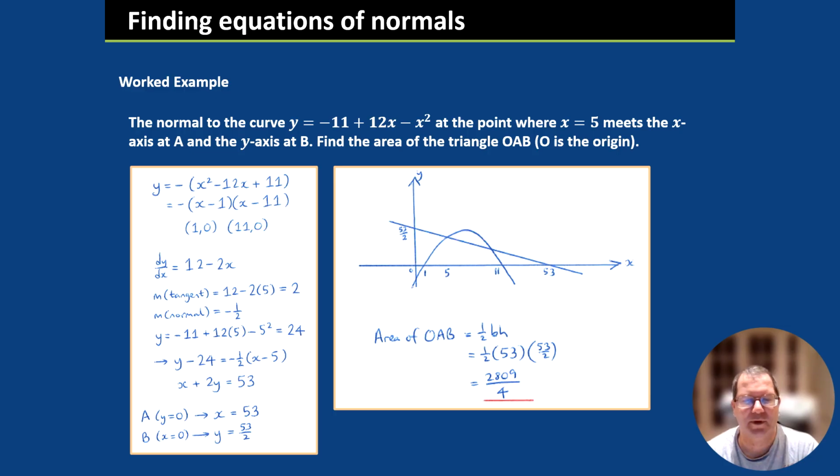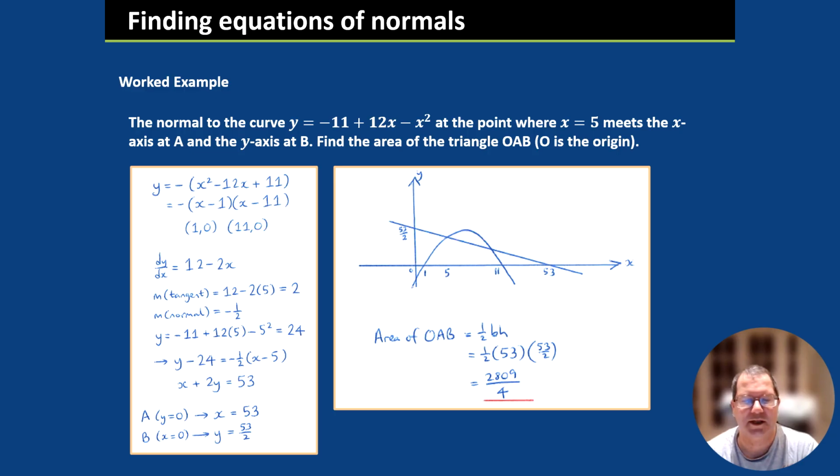The value of y when x is 5, I can find by substituting 5 into the expression for y, for which I get 24. And then substituting that into our y minus y1 equals m(x minus x1) equation and rearranging, I get the straight line equation x plus 2y is equal to 53. From which I can find A by substituting y equals 0.